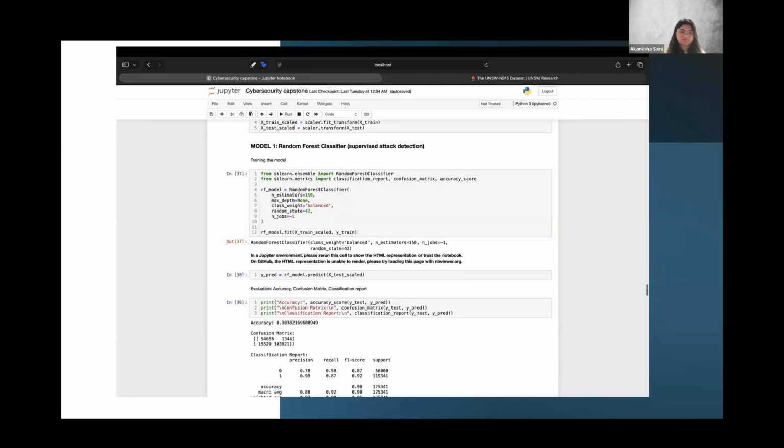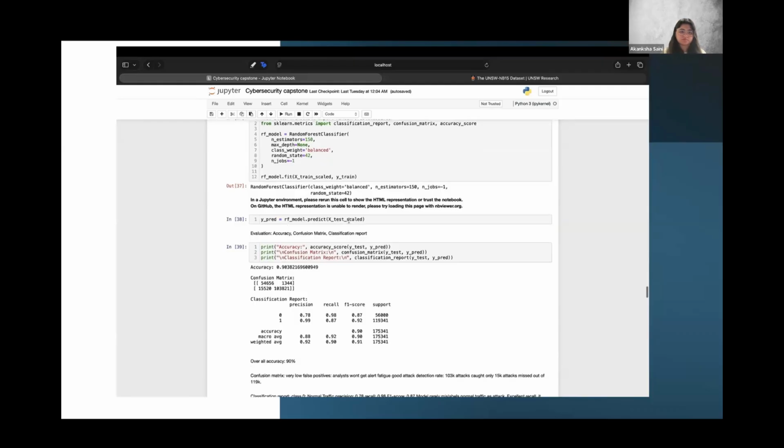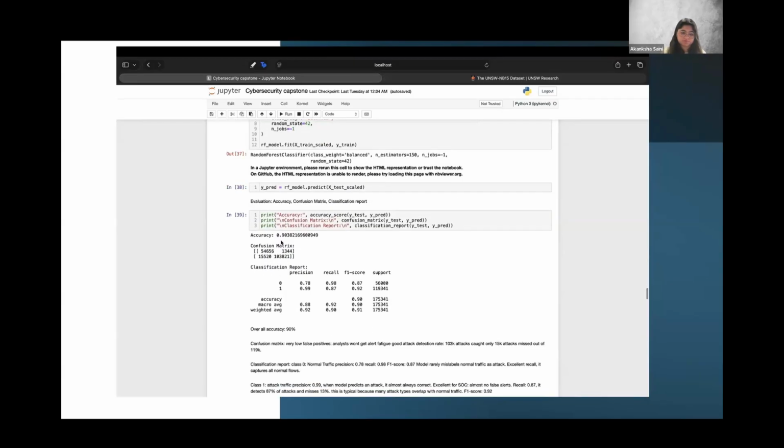So we trained the data and then we gave it the test data set to predict. And using the evaluation matrix, we found that the accuracy of this model was 90%. And more importantly, the precision of detecting the attacks was 0.99.